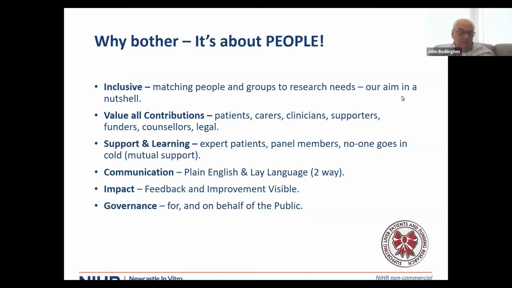our aim in a nutshell is that we have a research register of people who can turn up if someone is asking for patient and public involvement. We can provide patients for disease specific research, or we can provide members of the public or carers.